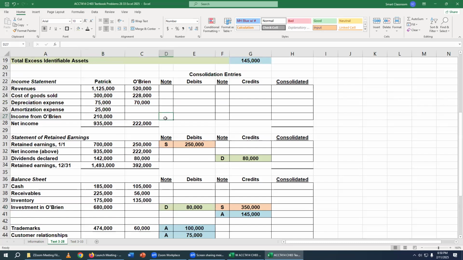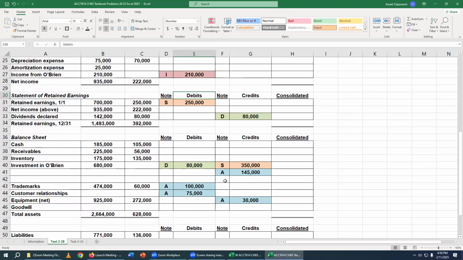So income from O'Brien. So I did something wrong here.